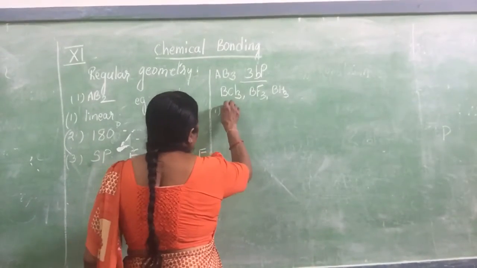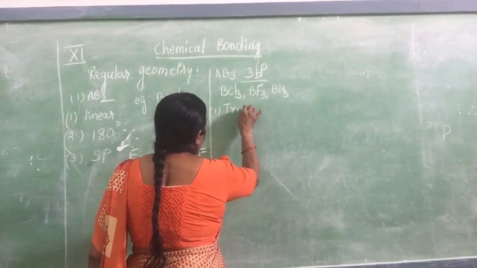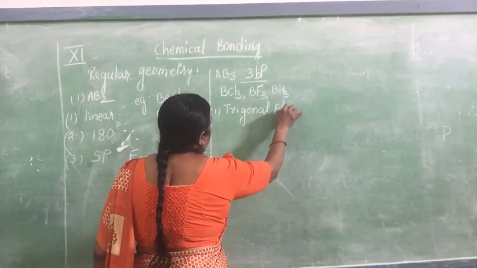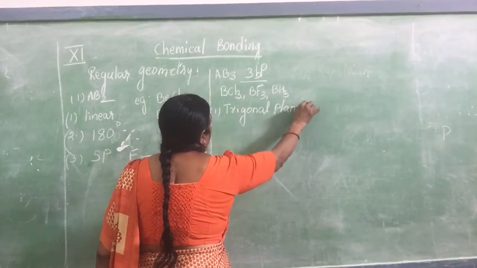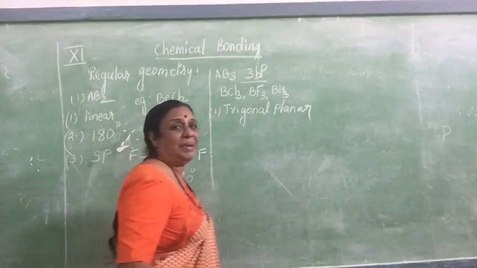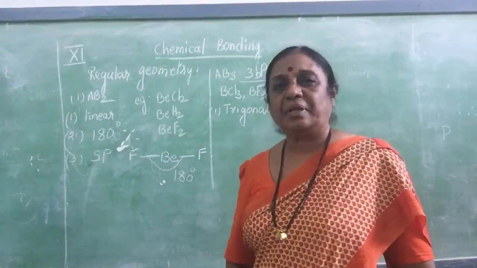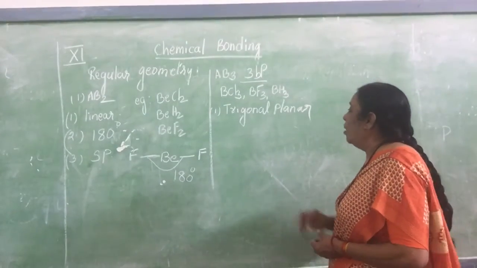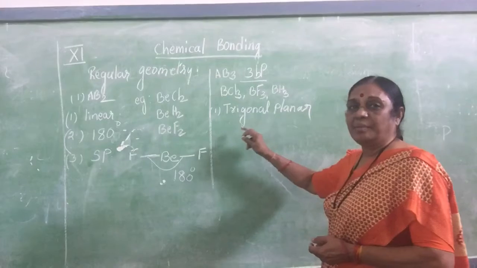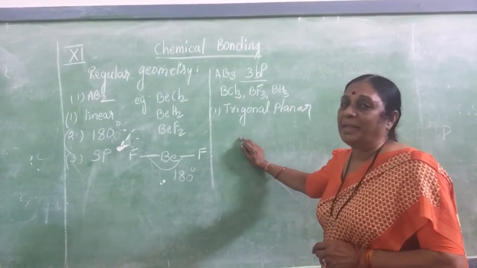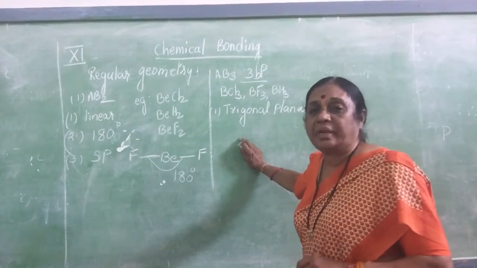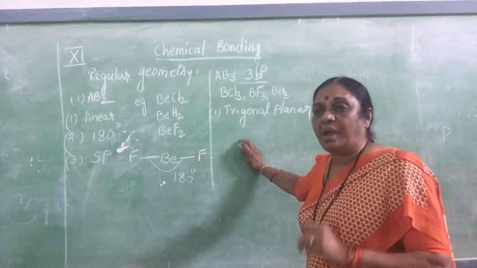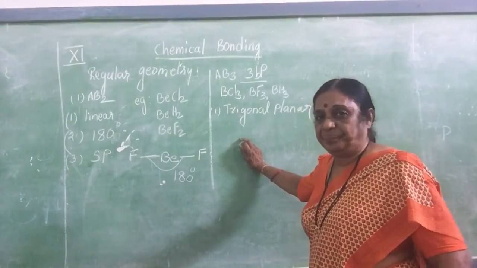One atom of boron reacts with 3 atoms of chlorine. The geometry is trigonal planar. Please note down in your copy, children. I am repeatedly telling you, it is important for class 11th also, class 12th also. In class 12 you have p-block elements you are going to study. So in the board exam, a 1 mark question will be asked from the geometry.